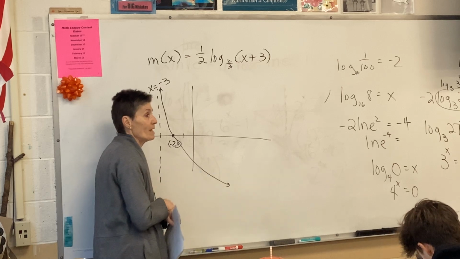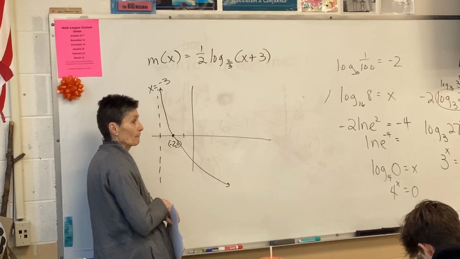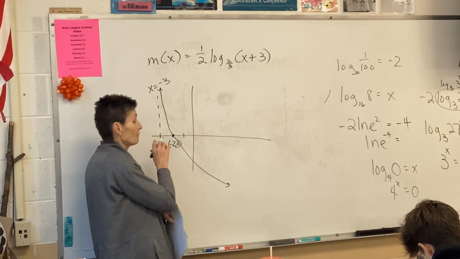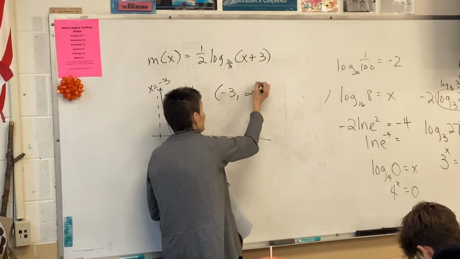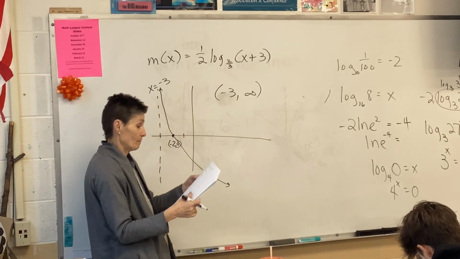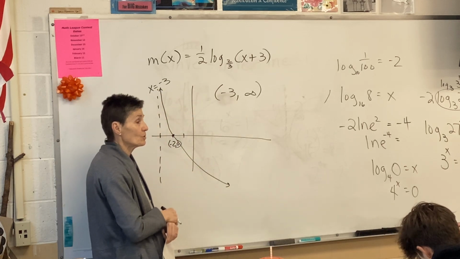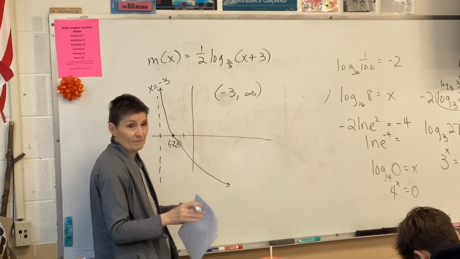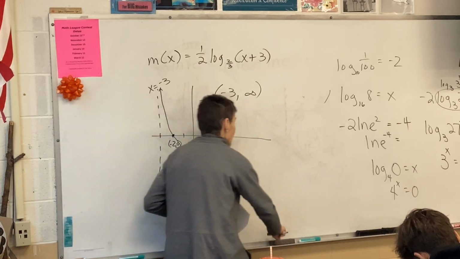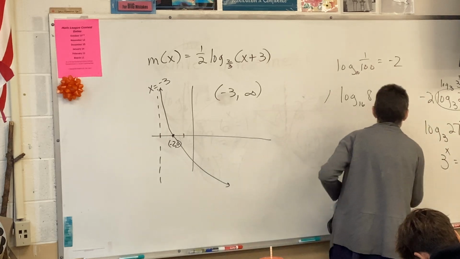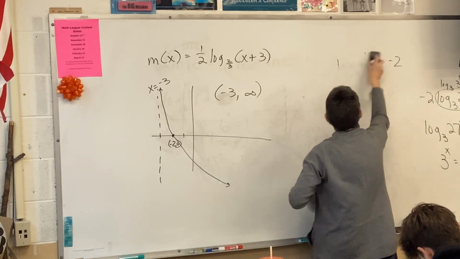What is its domain? -3 to infinity, and remember, -3 isn't counted because it's an asymptote. How about its range? -infinity to infinity.